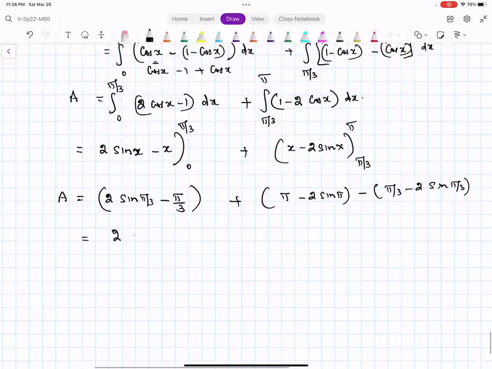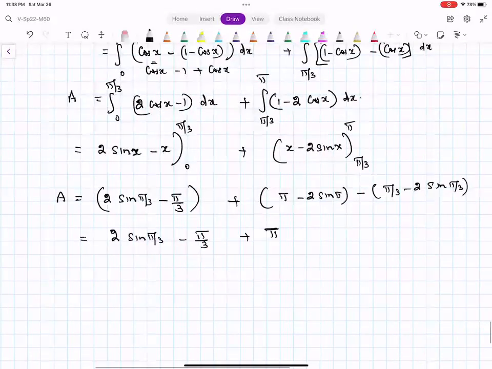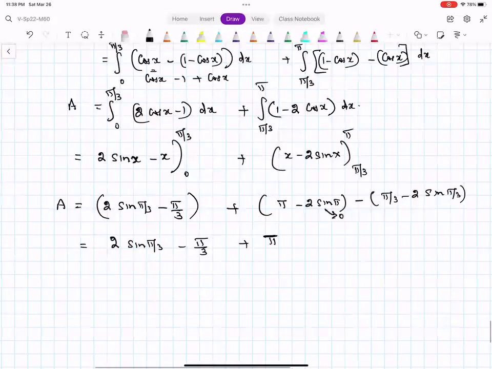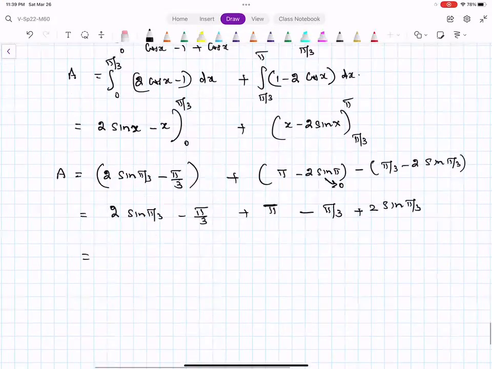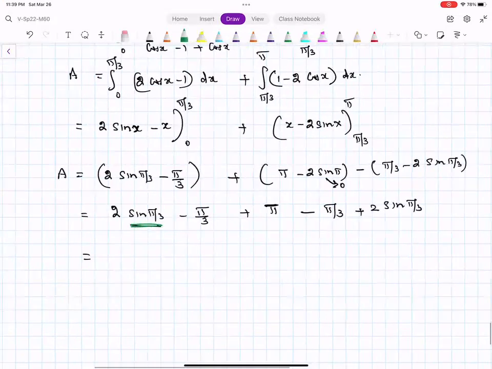So it is 2 sine pi by 3 minus pi by 3 plus pi. 2 sine pi will become 0 because sine pi is 0. If you distribute the minus sign, it will be minus pi by 3 plus 2 sine pi by 3. If you combine the like terms, you get 2 sine pi by 3 plus 2 sine pi by 3, that will be 4 sine pi by 3.